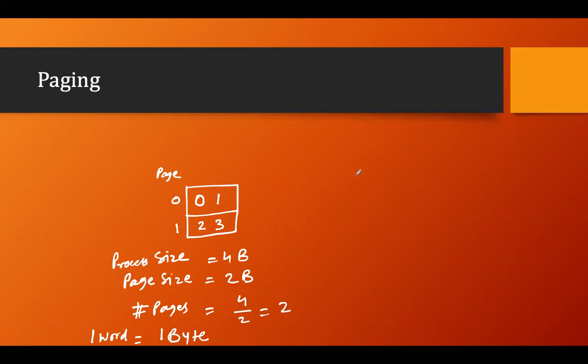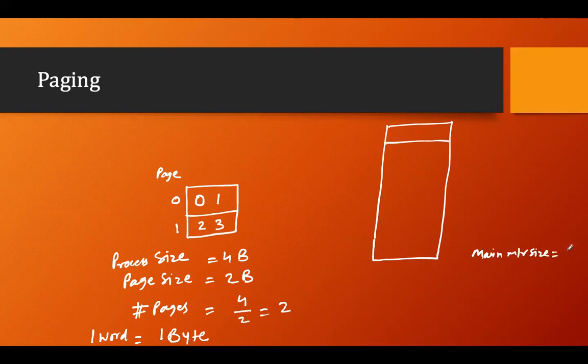Now I want to put these pages into the main memory. Let's say the main memory size is 16 bytes.